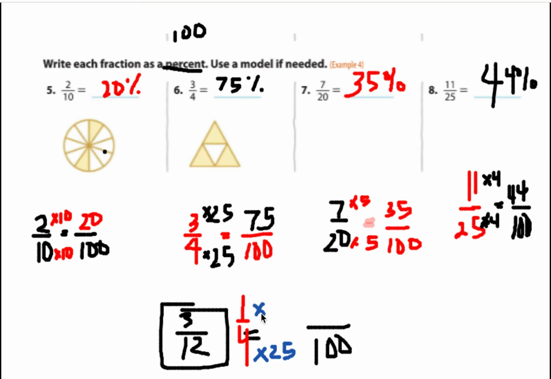So you multiply this by 25, and now we have the percent, which would be 25%. So first you might say, I've got to simplify. Then once I have a number that I can actually multiply by another factor, I can then get my percent.